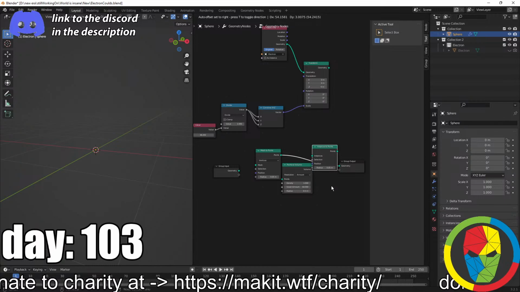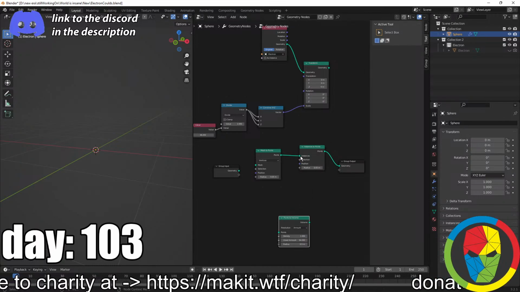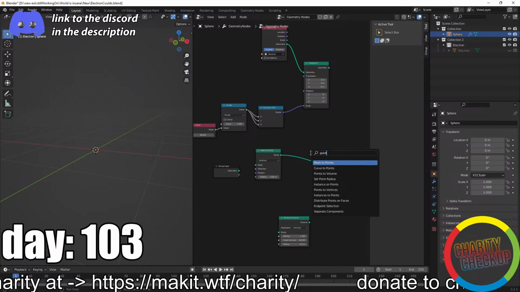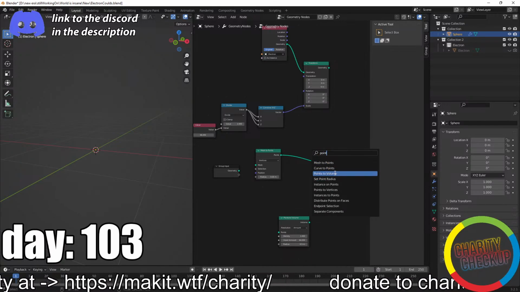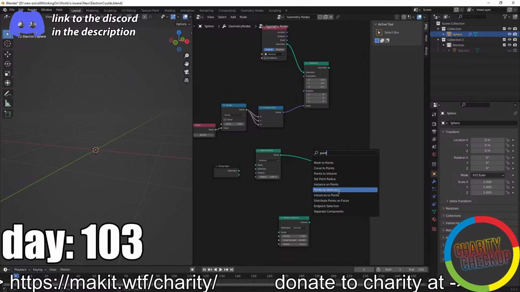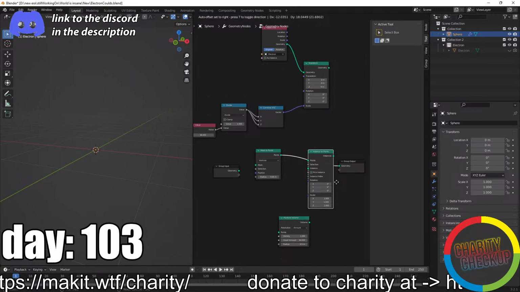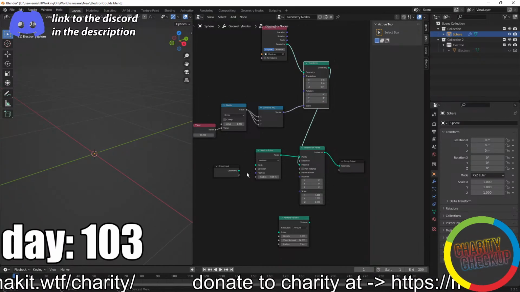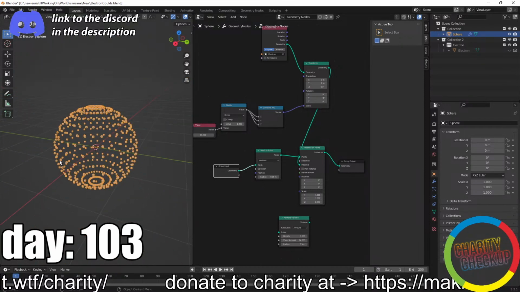There we go. No, points to instances. Oh, point stuff. Instance on points. That's the way to do it. There we go. And this is our geometry.